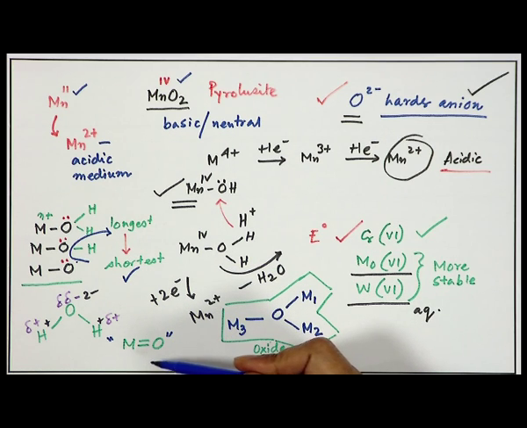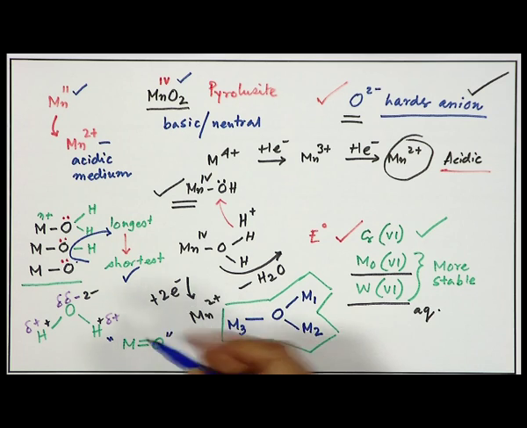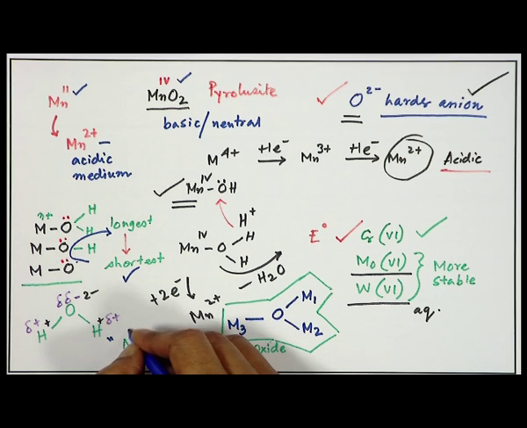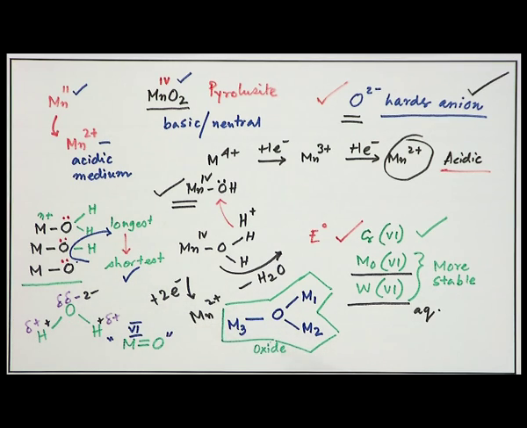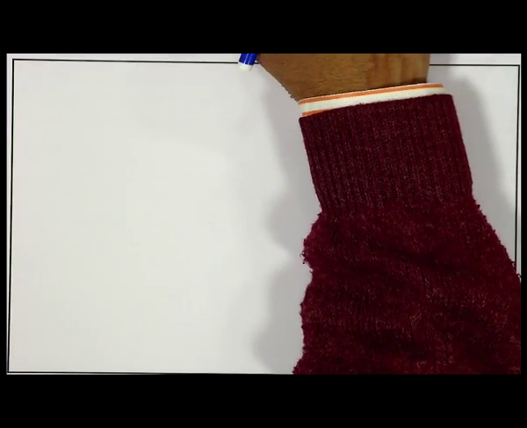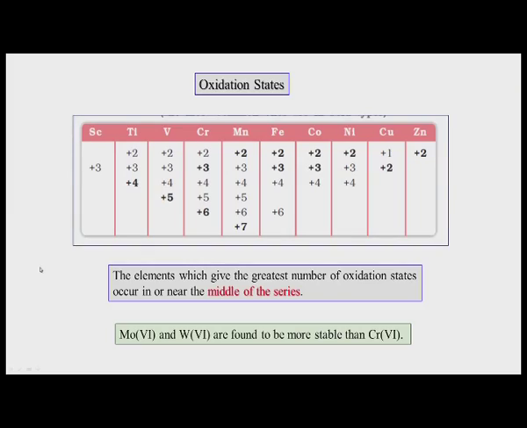Oxide ion binding is pretty important to stabilize this particular center, such as in molybdenum and tungsten, where we have the stabilization of the hexavalent center. So, what we just commented here is that molybdenum 6 and tungsten 6 are found to be more stable than chromium 6.